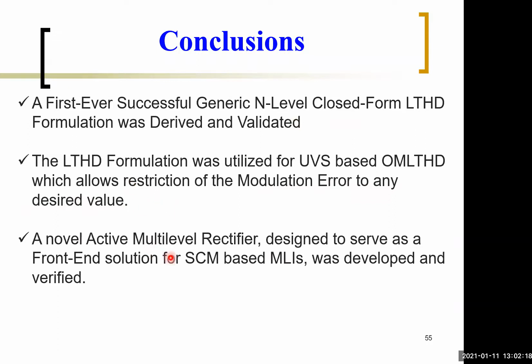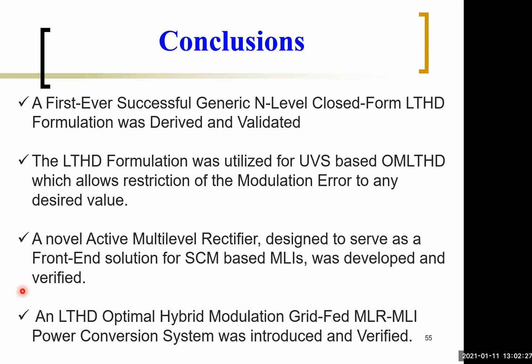A novel active multi-level rectifier designed to serve as a front-end solution for staircase modulation-based multi-level inverter was developed and verified. Finally, LTHD-OPTIMAL hybrid modulation, grid-fed MLR, MLI back-to-back power conversion system was introduced and verified. By the way, it is called hybrid because the multi-level rectifier operates with PWM, while the inverter operates with SCM.